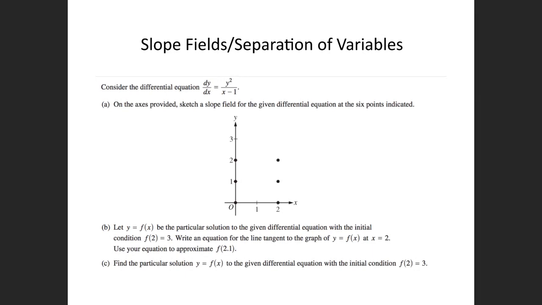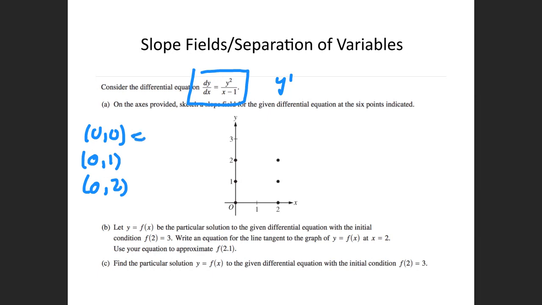They didn't make the students do the slope field, but I just want to make sure that we remember how to do this. Remember, all you do is take the values. Here the dots are at 0, 0, 0, 1, and I'm not going to do all of them, 0, 2. And then you just plug it in. This is your function. It's the derivative, really y prime. So this gives us the slope at any given point. If I put 0, 0 in here, I end up with 0 over -1, which is 0.